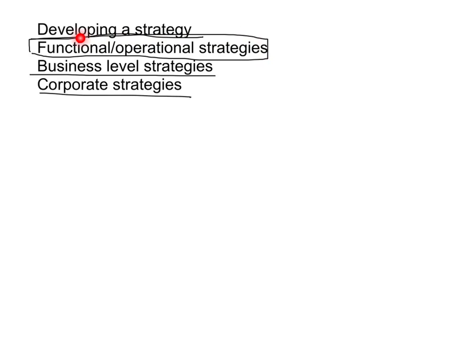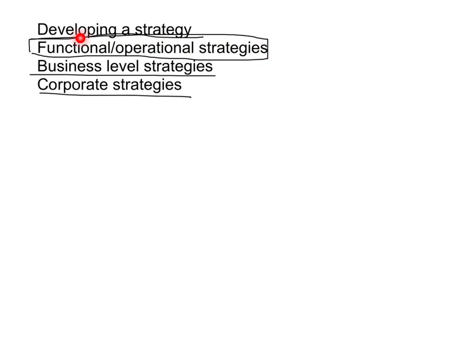These are designed to improve the efficiency of a business's operations. They often focus on one area, such as production methods or marketing, human resources or research and development. So the 4 functional areas basically. But in order for them to be effective, they have to involve cooperation between all the different functions.